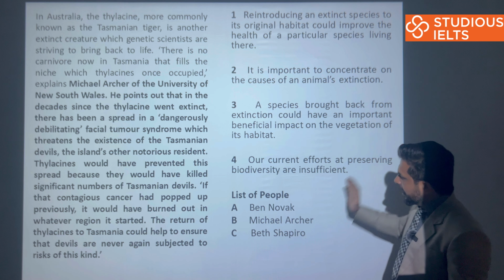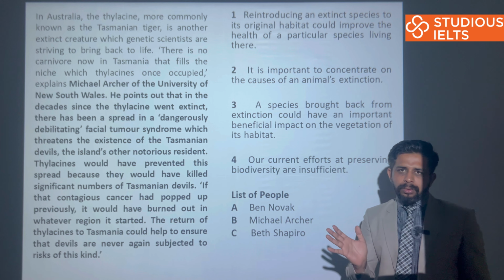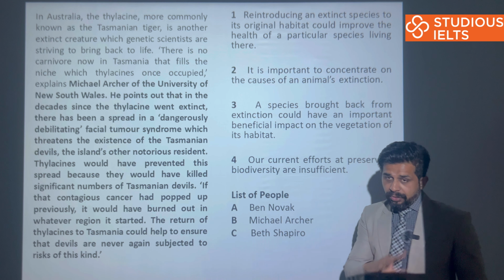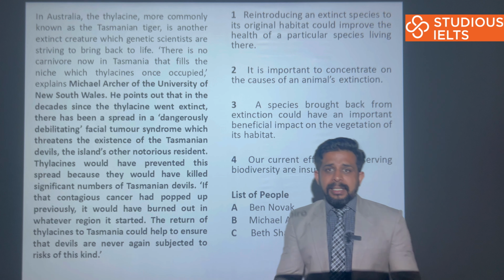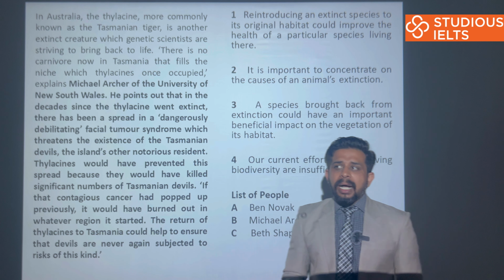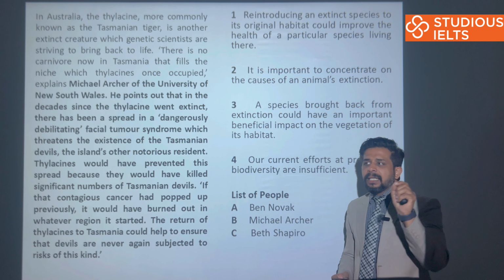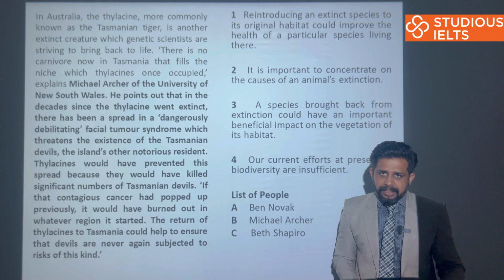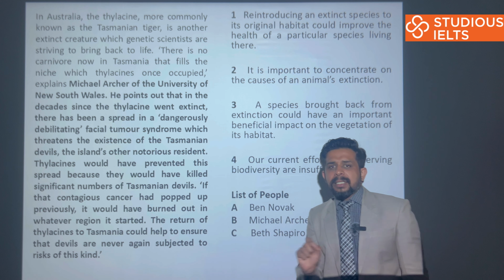So here our first question will appear in front of you. Why do I call it first question? Because during my skimming and scanning, what did I do? I marked all those names which appeared as names of researchers in the entire passage. Along with that, I also underlined their statements.